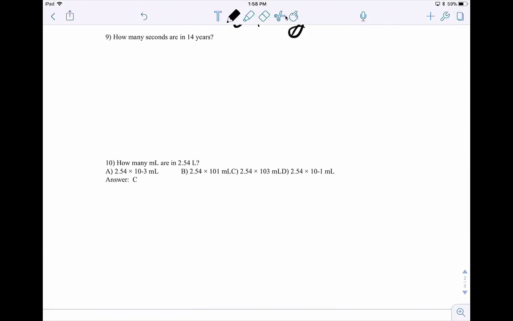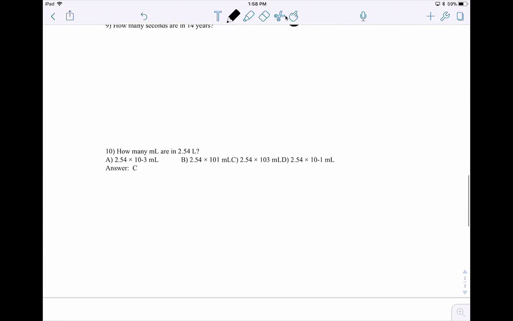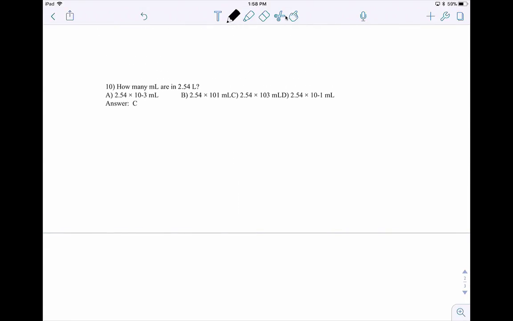I'm not going to work number 9 just to save you time, because if you can work number 7, you can work number 9. Number 10, how many mils are in 2.54 liters? Well, again, you need to memorize some of these conversion factors. What do you start with? What you're given.